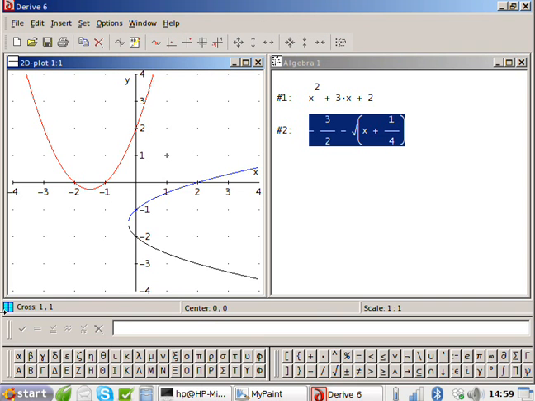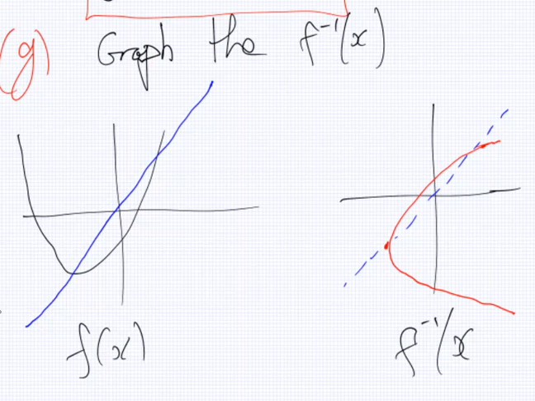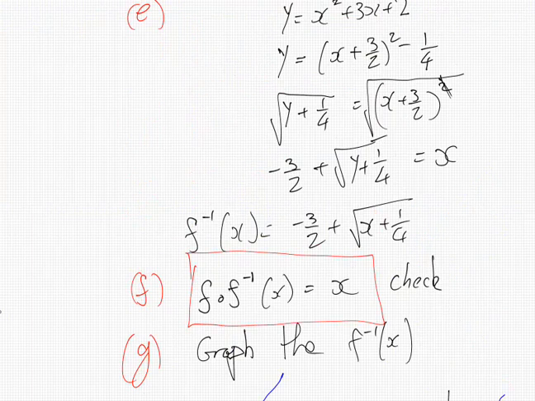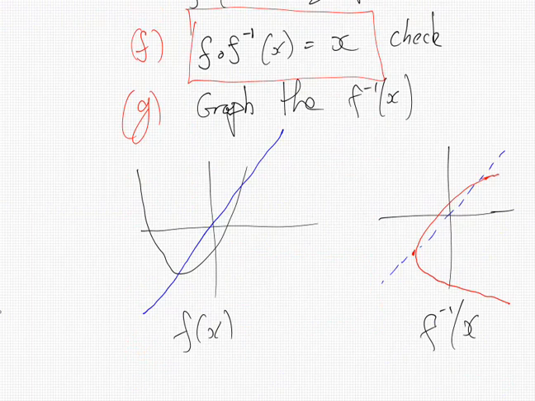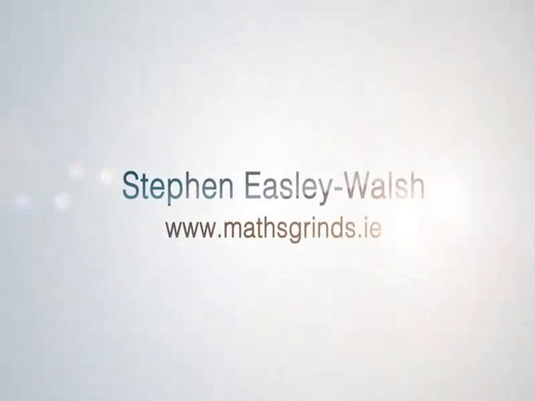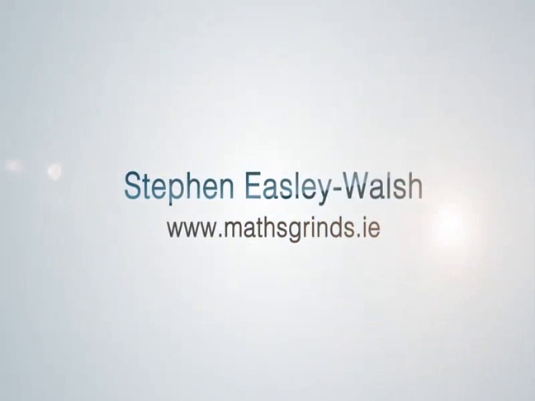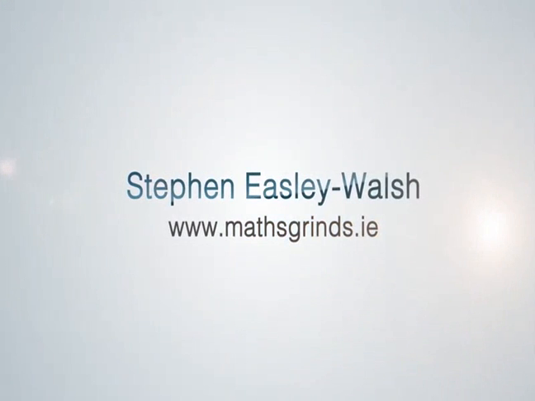When you complete the square, you get x plus 3 over 2 squared, that'll be 9 over 4, minus 1 over 4. That's the completed square. What's the smallest this can be? Minus 1 over 4? Yes.